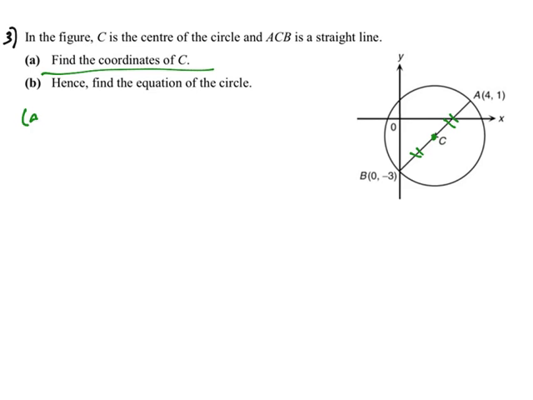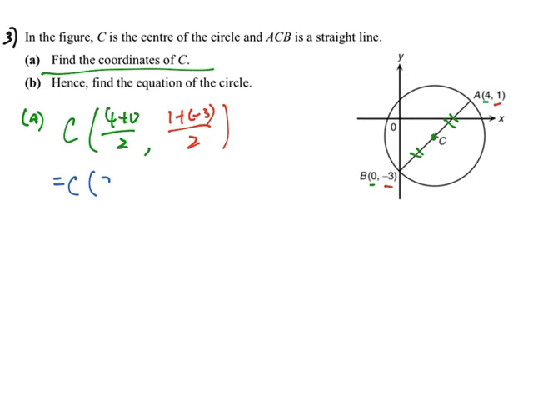So for the coordinate of C, we use the midpoint formula. So (4 plus 0) over 2, and then (1 plus negative 3) over 2. So we can get the answer 2, and then negative 1. It is the center.